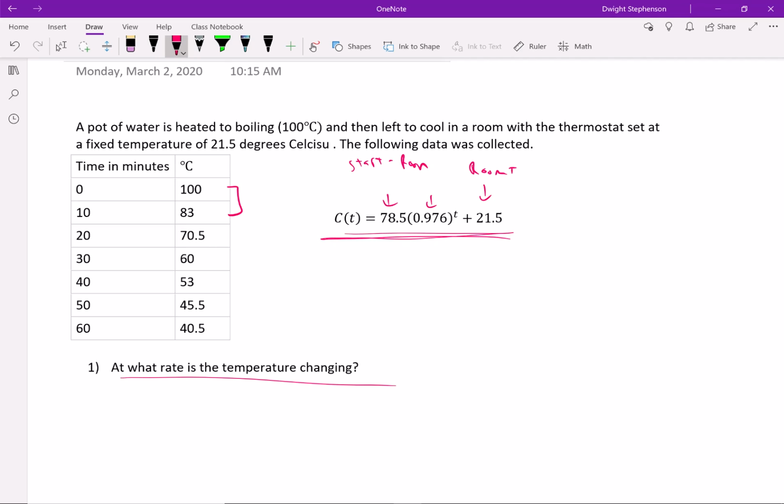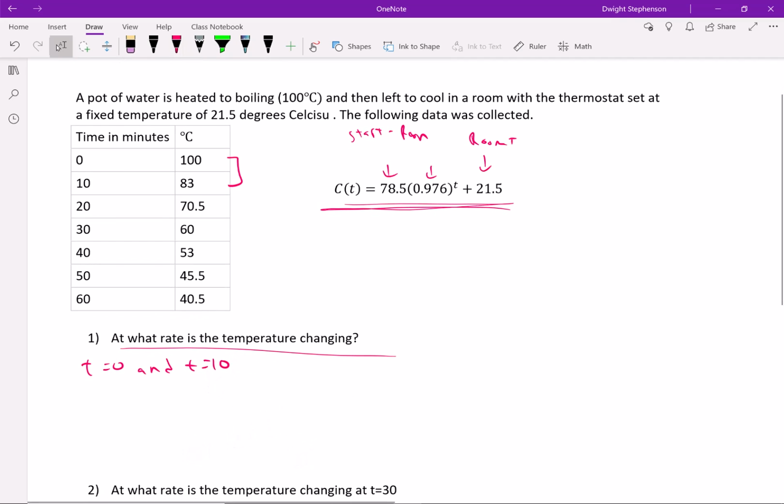What is the rate of change of the temperature between t equals 0 and t equals 10, in the first 10 minutes? Well, we're going to call this function c of t, so it'd be c of 10 minus c of 0 over 10 minus 0. It's basically y2 minus y1 over x2 minus x1.